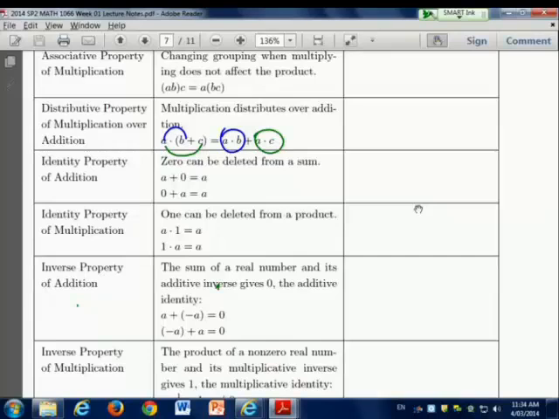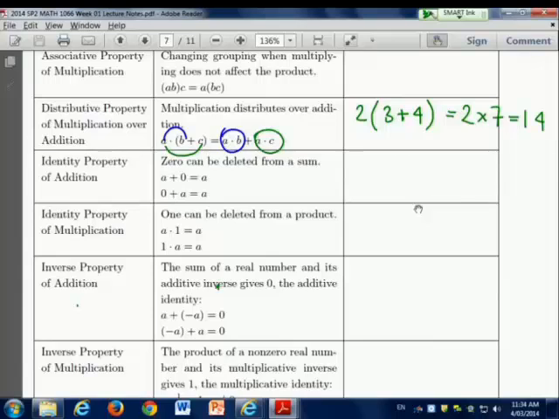For now, let's look at two numerical examples of this. Okay, so let's do this by grouping first. If we do it by grouping first, it's 2 times 7, which is 14.